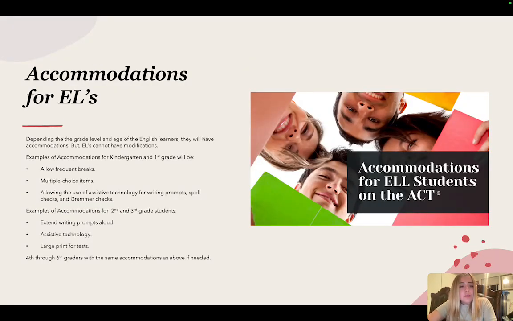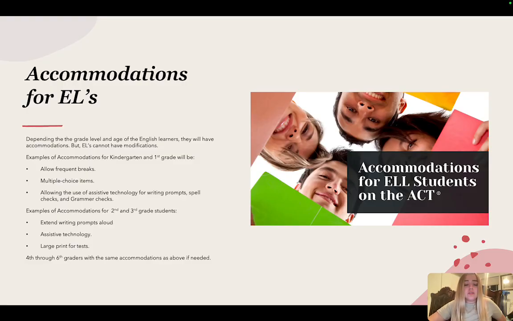Accommodations for ELs depend on the grade level and age of the English learners. ELs cannot have modifications. Modifications are mainly for students with IEPs or 504 plans. A lot of people get it confused, thinking EL learners have modifications, but they do not. It's only accommodations. Examples of accommodations for kinder and 1st grade are allowing frequent breaks, multiple choice items, and the use of assistive technology for writing prompts, spelling checks, and grammar checks.